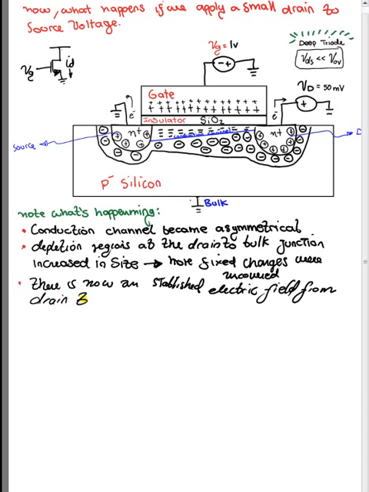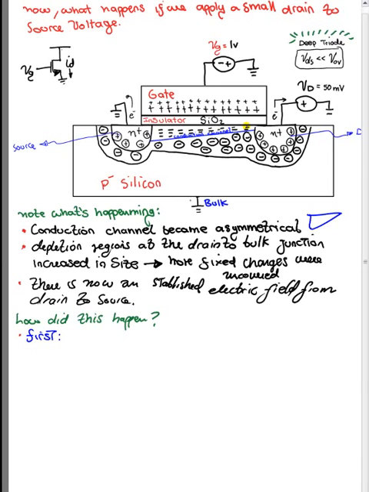Okay, so now making sense of this, right? How did this happen? Okay, so the first thing: the higher potential at the drain, due to this voltage, repels the mobile electrons in the conduction channel that are closest to the drain, right?